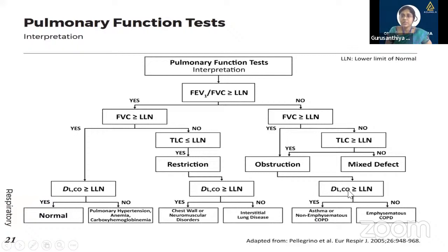If the diffusion capacity is limited, then it means an emphysematous one. In case of a mixed disorder, the FEV1 by FVC will be less as in an obstructive disorder, but FVC also will be less. Then coming to total lung capacity, if even that is decreased, then it means a mixed defect. I hope I'm clear with this.